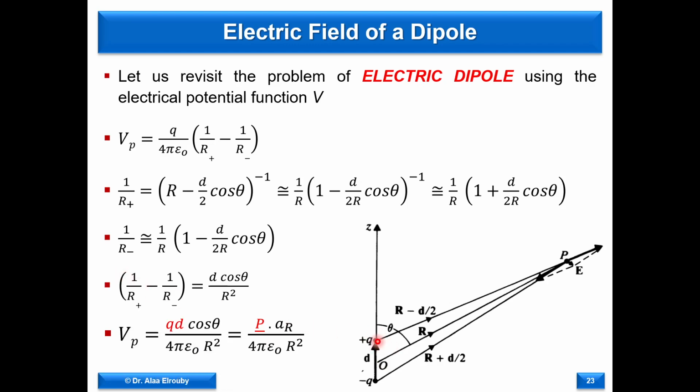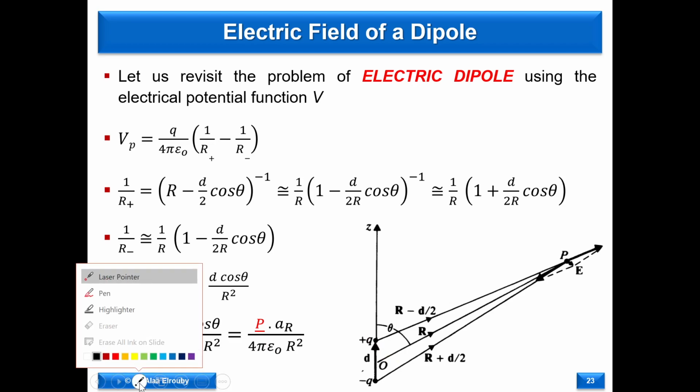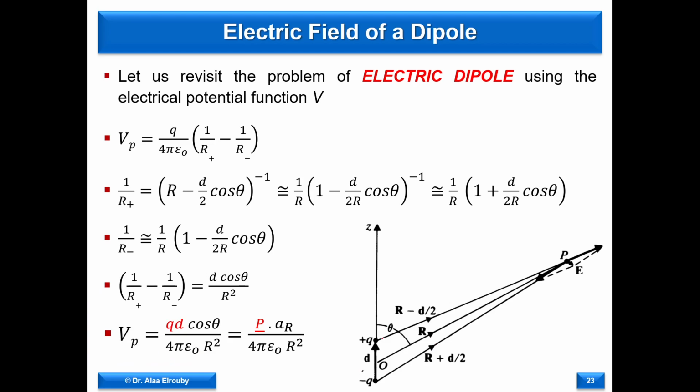If we go from this point, r prime, which is this r positive, this distance, will equal r, which is this distance, minus this part here.